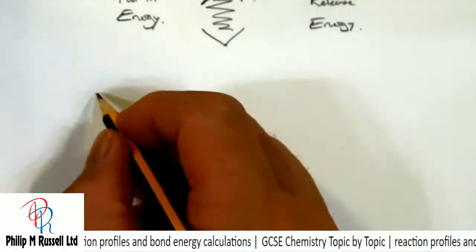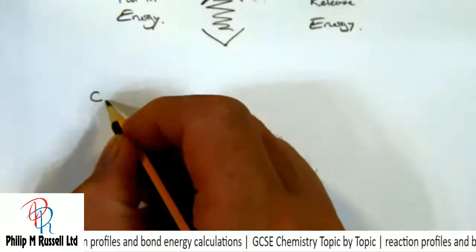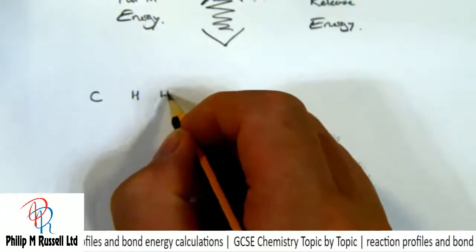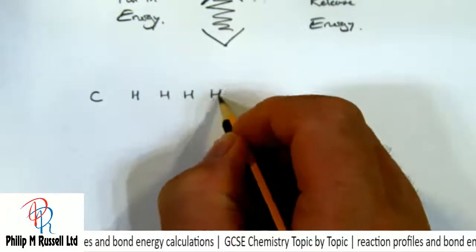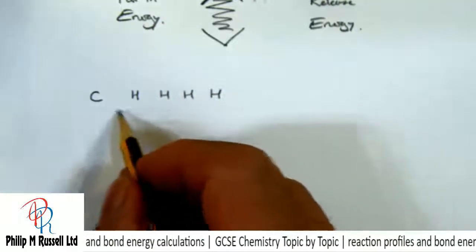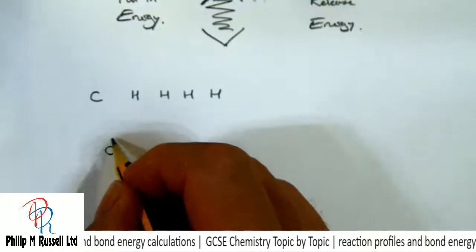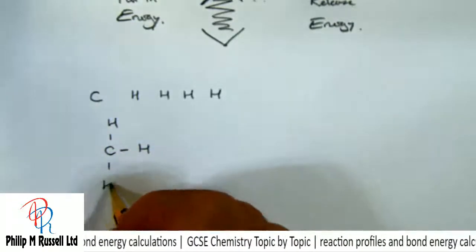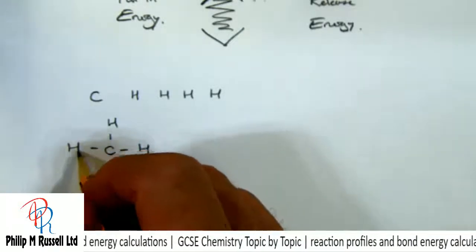So if I start with methane, I've got carbon and I've got 4 hydrogens. Now these 4 hydrogens we're going to join to this carbon to make methane.